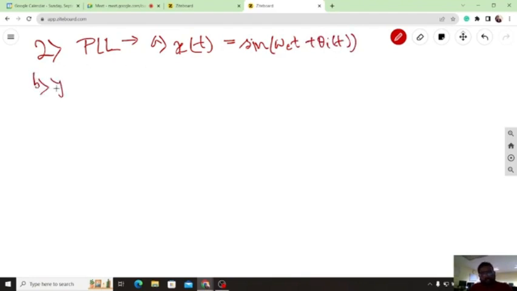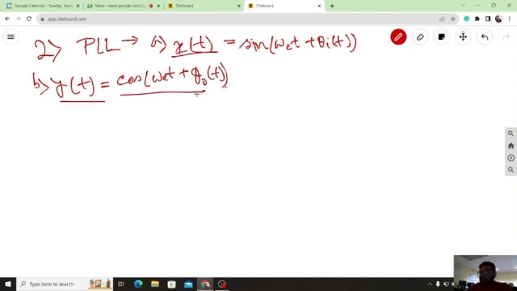Also we are given the output y of t, that is cos of omega c t plus some theta o of t. So basically x(t) is the input, y(t) is the output, and the constant of the VCO is c equal to 2.